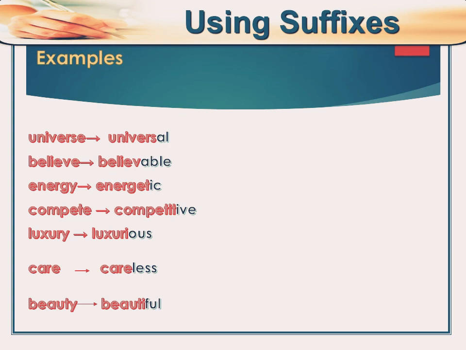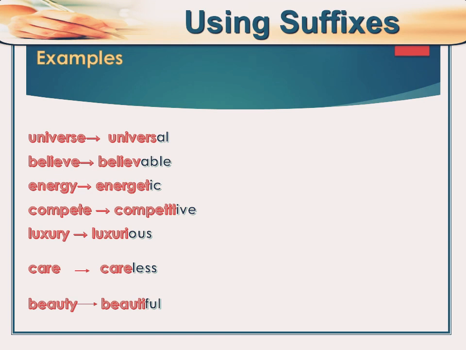Energy, which is a noun, we apply ic and so we obtain energetic. Compete, which is a verb, if we add to this verb the suffix ive, we obtain competitive. Luxury, which is a noun, we apply to luxury the suffix ous, but be careful because the y is dropped and in place of y you replace it with i.